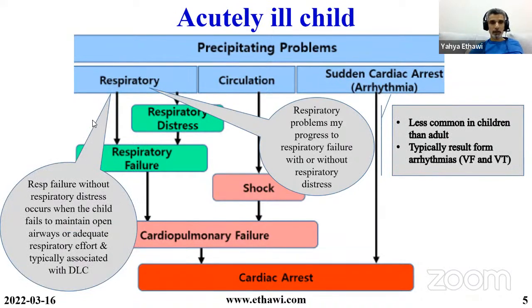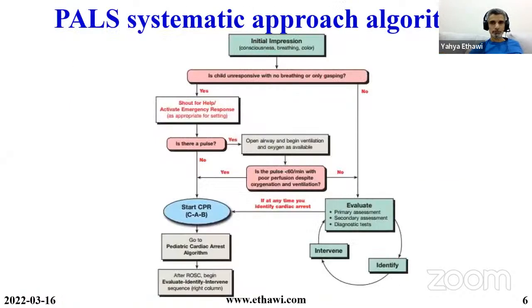Respiratory failure without respiratory distress occurs when a child fails to maintain an open airway or adequate respiratory effort, typically associated with loss of consciousness or obstruction of the airway.